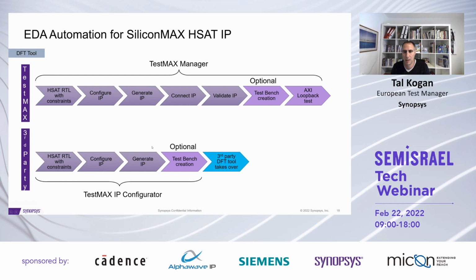But then at this point, a third-party tool takes over and is responsible for the scan data itself. Of course, the scan data still needs to be translated into the right protocol that is chosen in the solution. And all of that is supported.